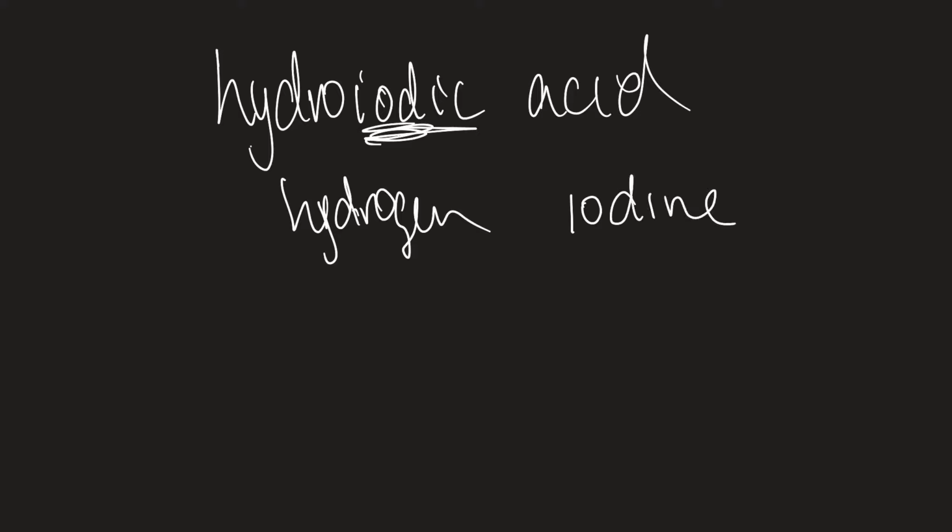If you're writing the chemical formula for this, you always have to think about your charges. Hydrogen is always a +1, iodine is always a -1, so this is a 1-to-1 ratio, so simply it'd be HI.